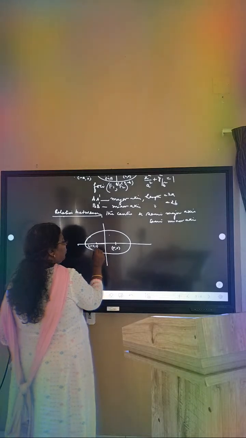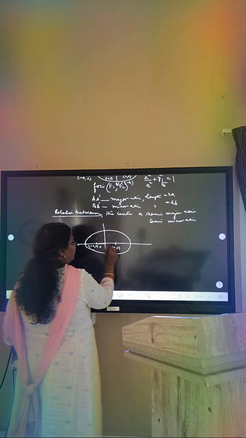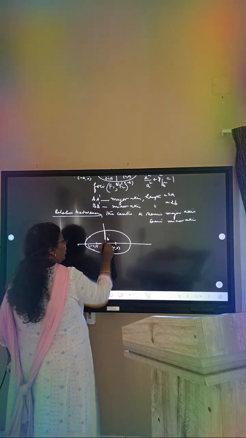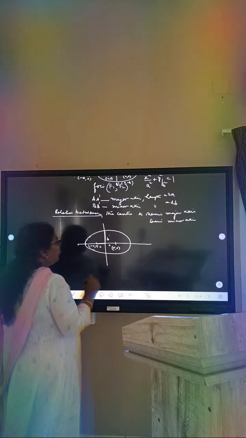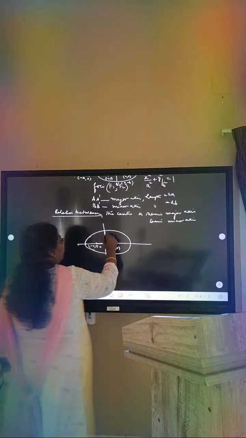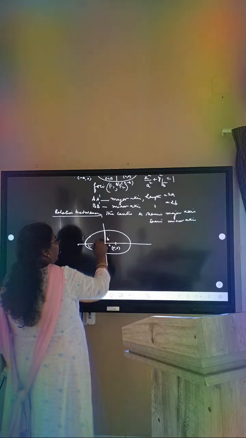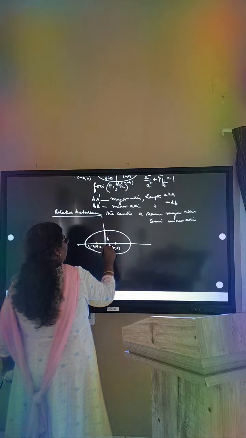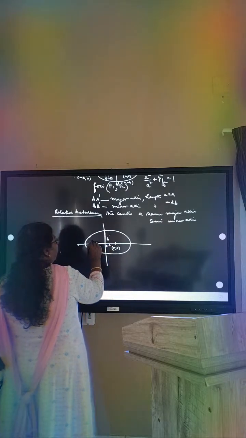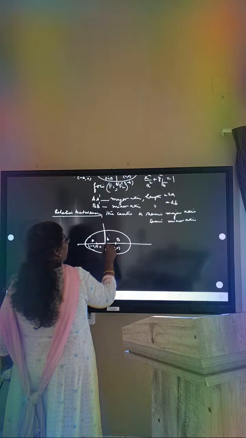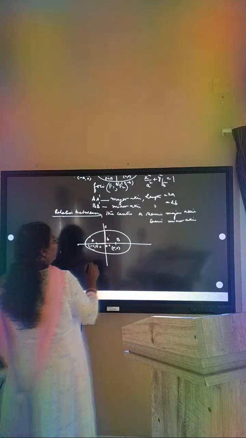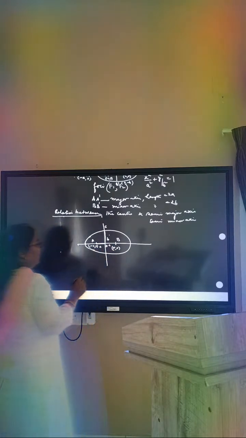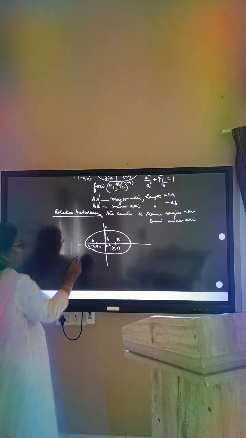Therefore this distance will be c, this distance will also be c, and this will be b. So this is c and this is b. Consider O, and take this point as A, this as B, and this as C.